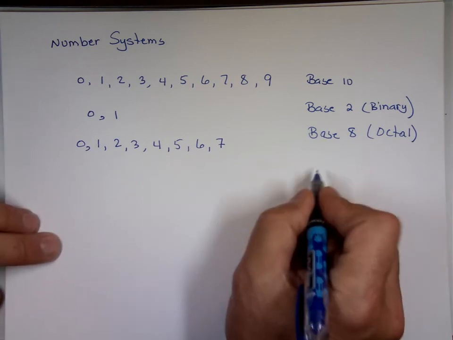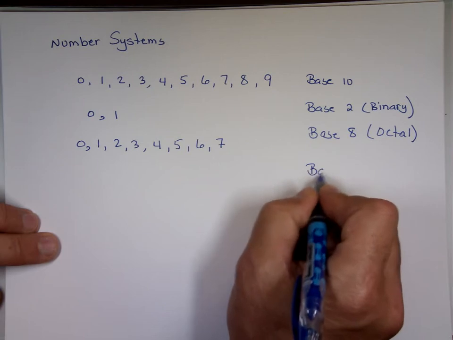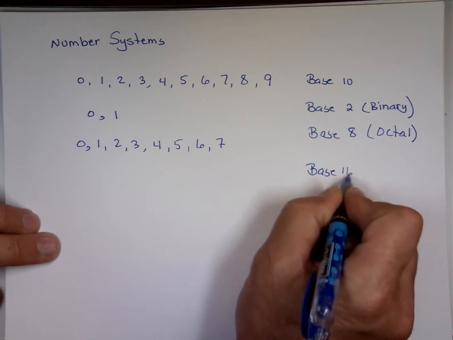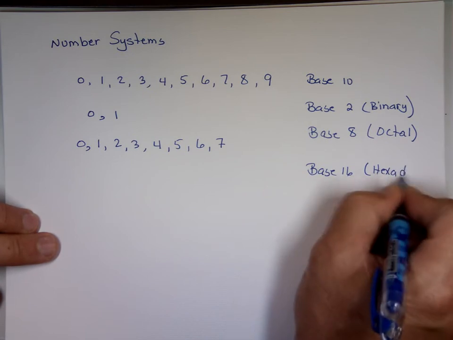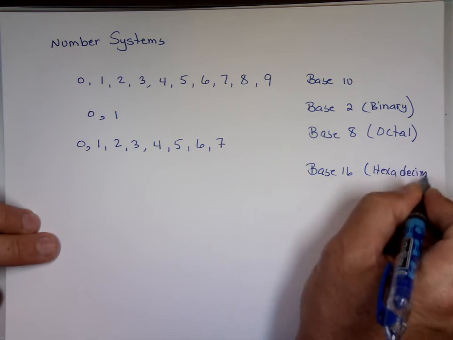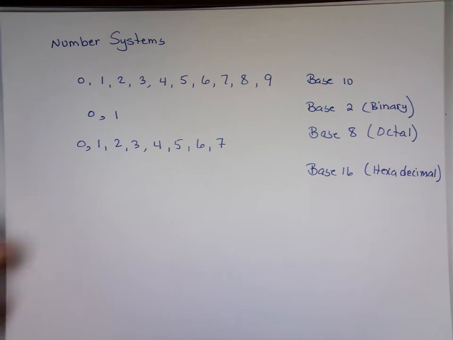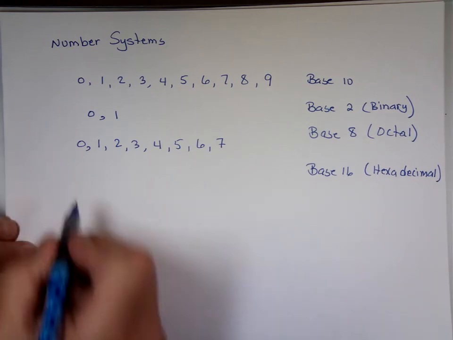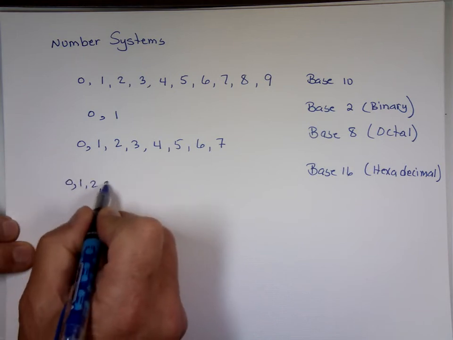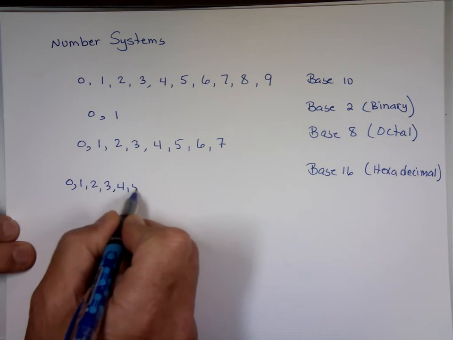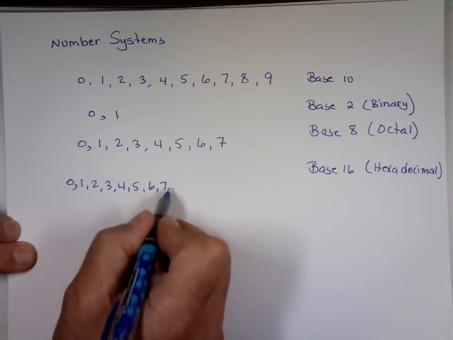Another base that we talk about too is base 16, hexadecimal. Base 16 goes from 0 to where? To 15. 7, 8, 9.